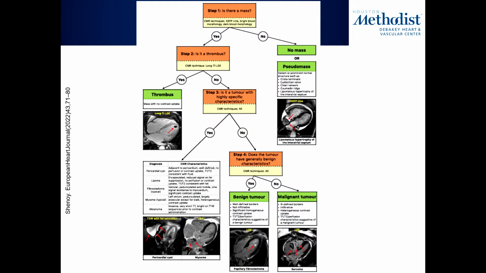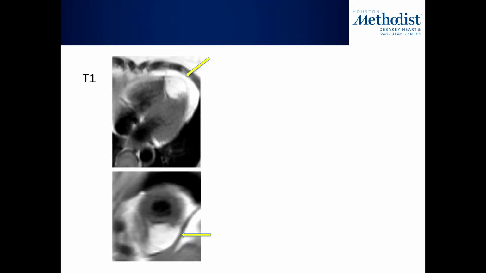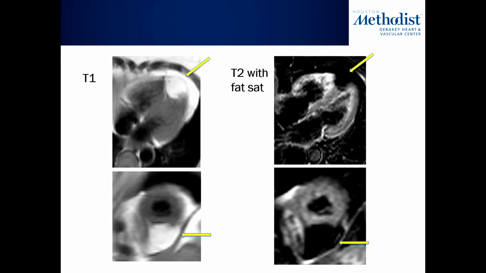And, as we know from what Carla has showed and what I have also showed, malignant tumors in general tend to be ill-defined, infiltrative, a lot of heterogeneous contrast uptake, and some imaging features of malignancy. So let me give you some examples of some cases from our own lab.